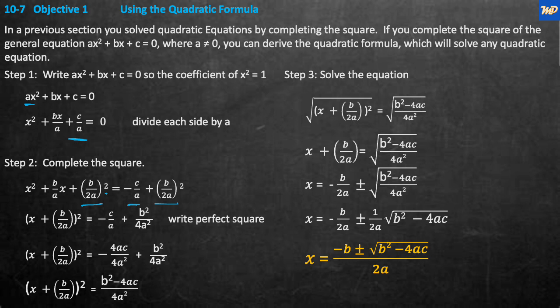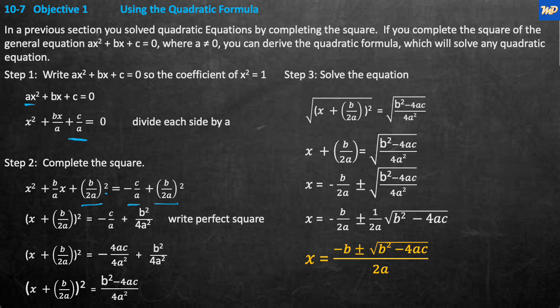We're now going to put the c over a term over the same denominator. So we have to have c over a times something so that we can add or subtract these numerators. So we're going to multiply the numerator and denominator by 4a.